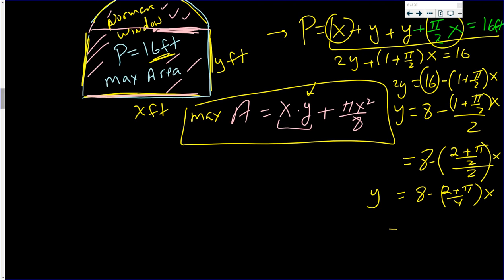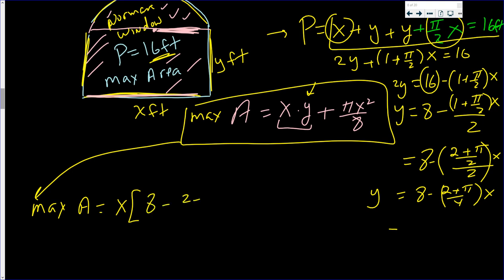Okay, so bringing this equation over here, we want to maximize A equals x times y, but y is this mess, plus pi x squared over 8. Now, I would definitely clean this up a little bit.